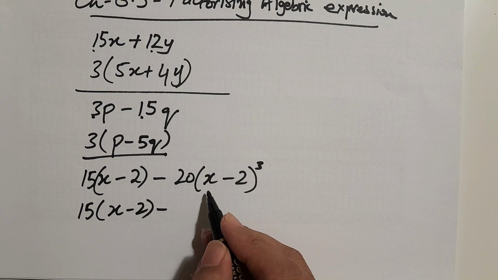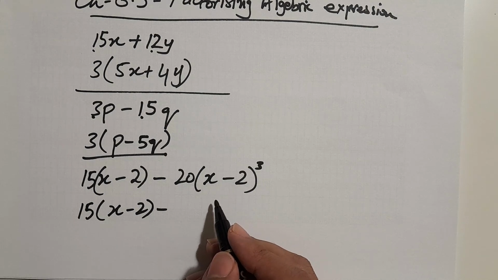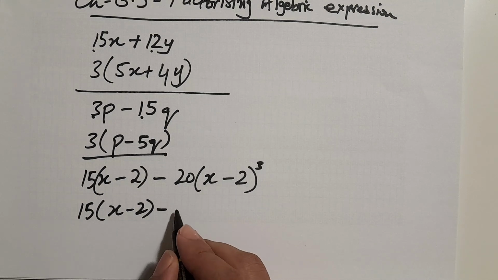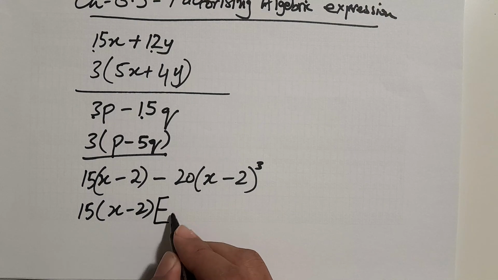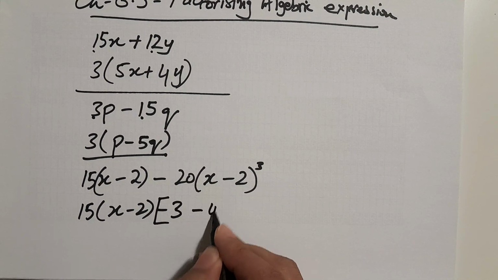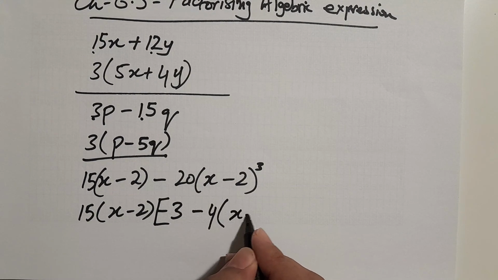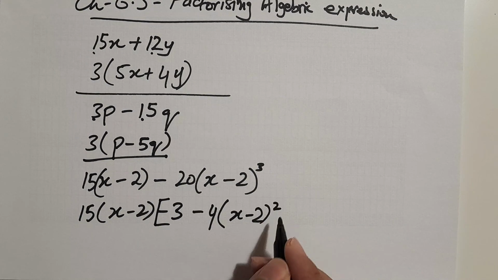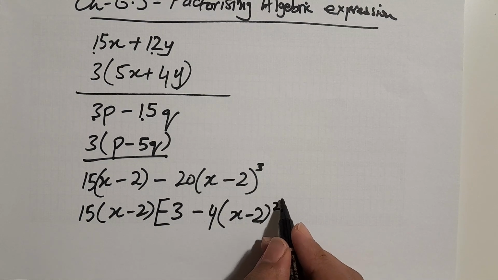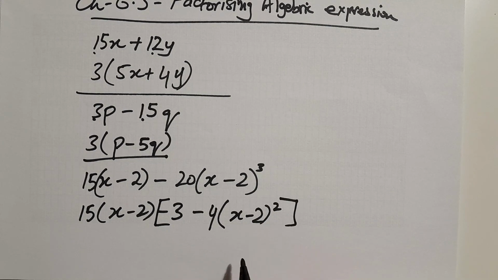So the cube of this is like this. We will write 3 minus 4 brackets open x minus 2 squared brackets close.